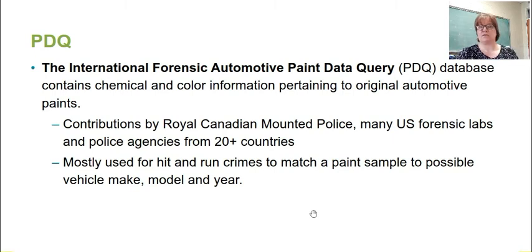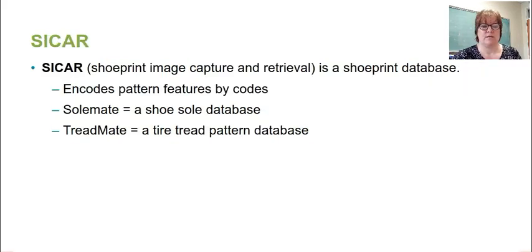And it's contributed to from a variety of sources. It really was originally maintained by the Royal Canadian Mounted Police, and now there's a lot of forensic labs in the US and police agencies from many countries that contribute to it, so that it's getting stronger and stronger. As more entries are made, obviously the identification possibilities are improved.